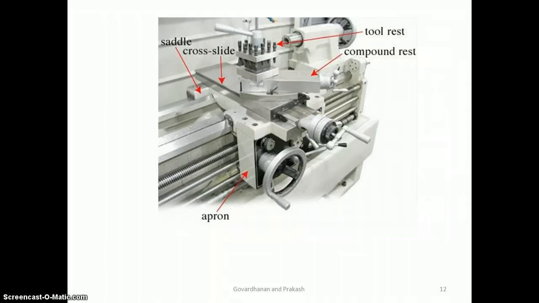It is used for taper turning in order to set the tool for angular cut. The compound rest has a handle to give a feed by hand. There is no power feed to the compound rest.